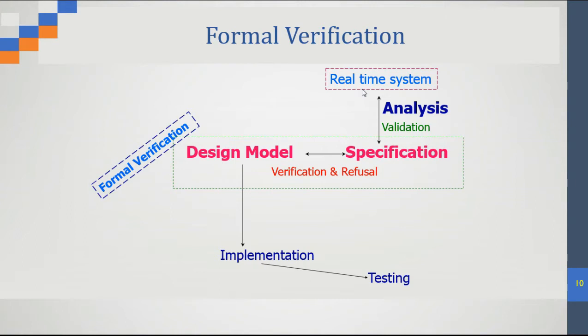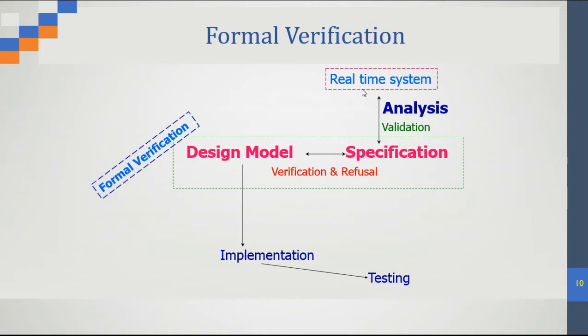We design a model for the system and then we check some properties, like safety, reachability, and liveness. Some properties need to be checked. So before going to implementation, it's better to design a model for the system.